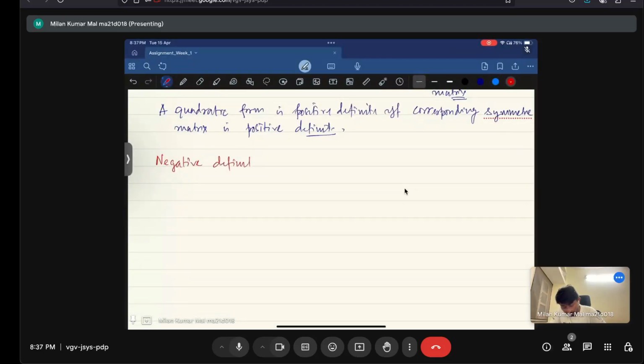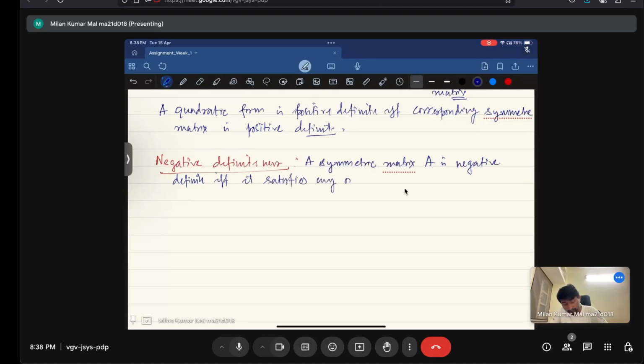Negative definiteness says that a symmetric matrix A is negative definite if and only if it satisfies any one of the following conditions. What are the two conditions I am giving?